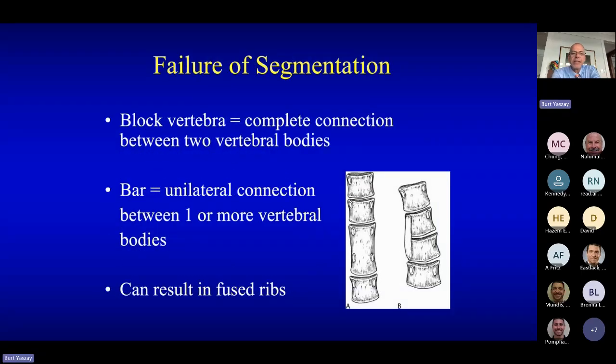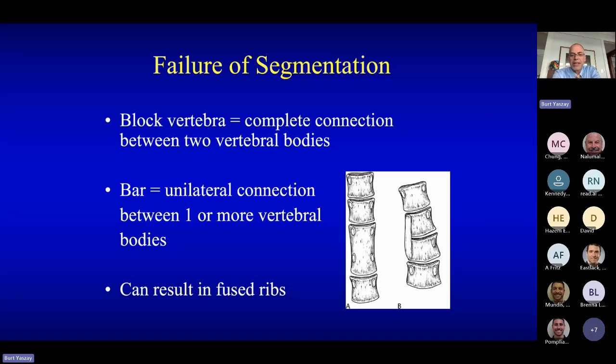As for failure of segmentation, there's the block vertebra, completely benign unless it's your entire thoracic cage. I have had patients with five to seven block vertebrae in their thoracic spine, and this can lead to problems with chest development, vertical height of the spine, and ultimately compromised lung function.